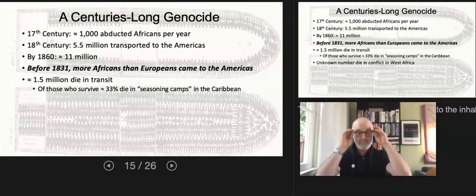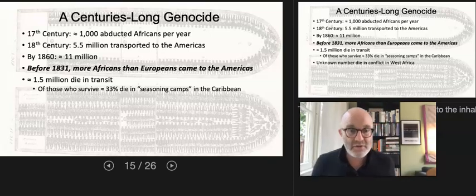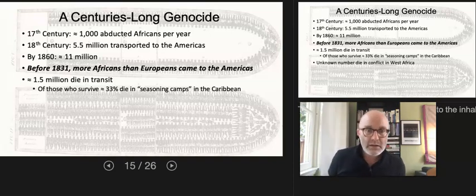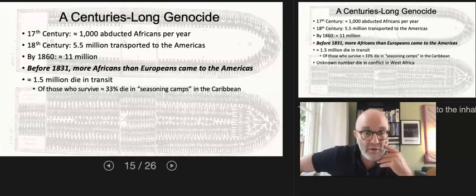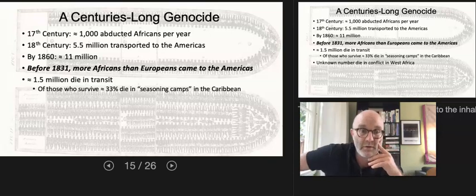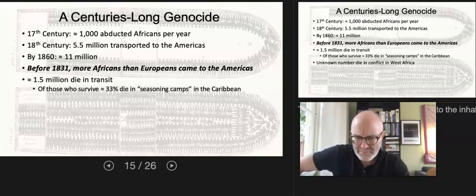This is where enslaved Africans are beaten, introduced to very, very physical, difficult labor. They get diseases, and those that survived were called seasoned workers.